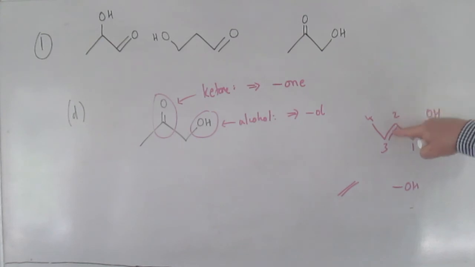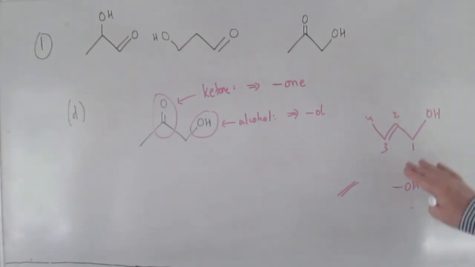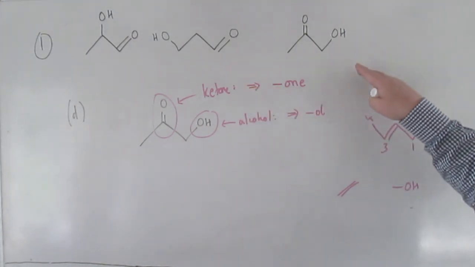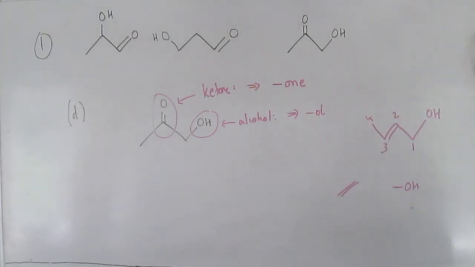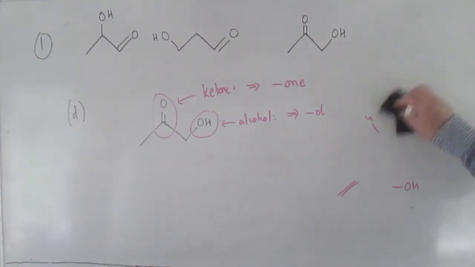Because the alkene starts at 2 and the alcohol's on 1. But otherwise, these other endings, -one and -al and -ol and oic acid, you've got to choose one of them to be your ending. And the other group is therefore going to have to be named in a different way that doesn't make it an ending of the name.